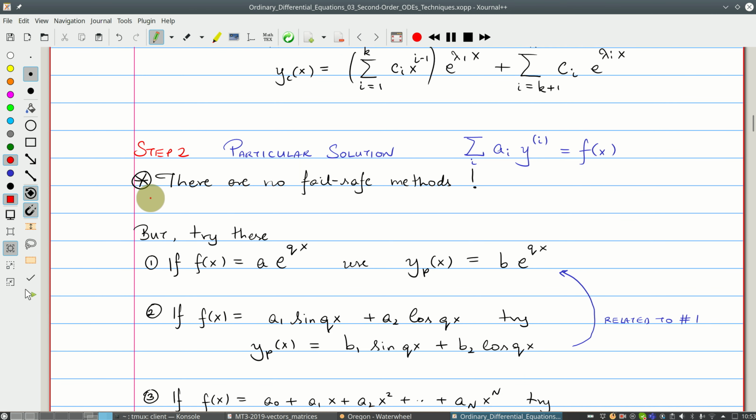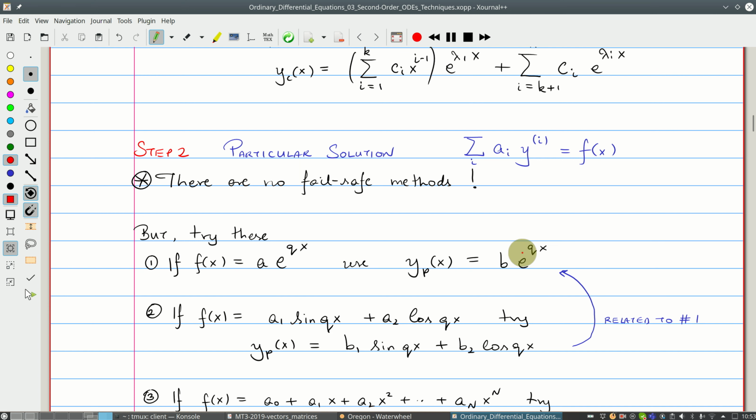Now, the caveat here is that there are no fail-safe methods for finding the solution, but we have a few approaches which may or may not work. Number one, if f of x is of the form a times an exponential of qx, then try a particular solution of the form b times e to the qx.